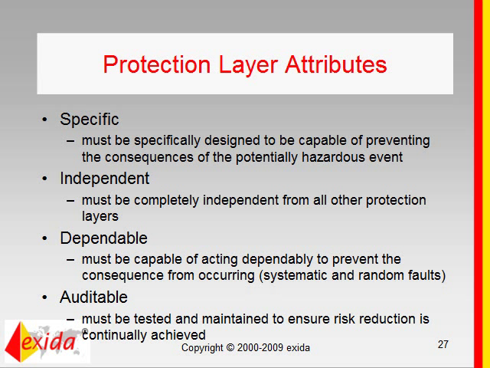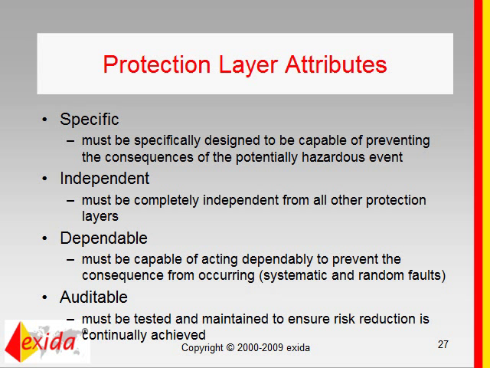If we have a layer of protection that is not able to completely protect against the potential hazardous event, then we should be considering another layer of protection against this hazardous event. Layers of protection need to be independent. If they're not independent, then they could fail at the same time, so you need to combine them, as we did in our example.